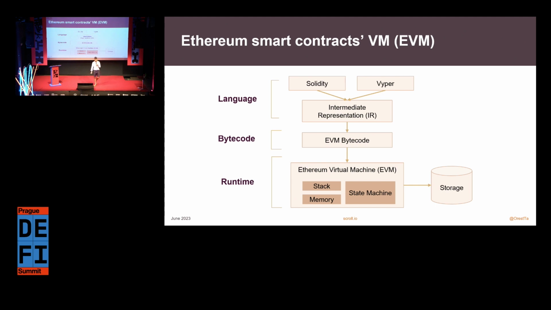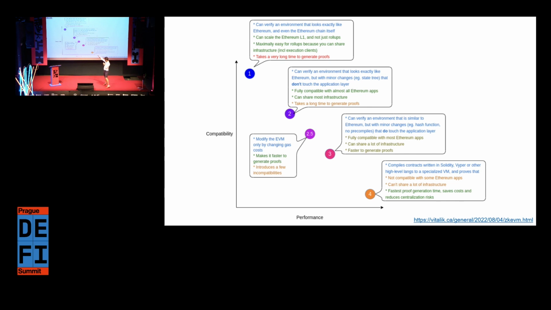And so why VM? Well, here you can see the model of the Ethereum virtual machine. And based on which layer of abstraction you are as a zkEVM, a zk rollup running your computation proofs, you may find yourself located in one of 5 options for compatibility with the EVM, the Ethereum virtual machine.